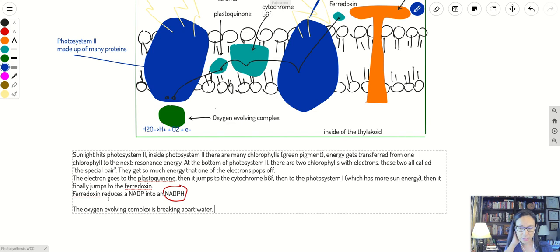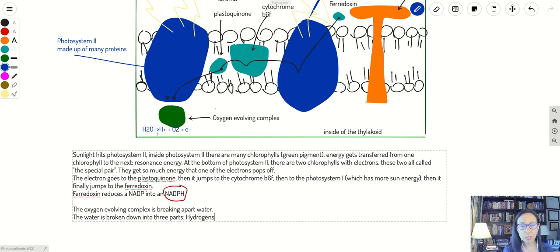What happens is the water gets split up into three parts. The first part is hydrogens.